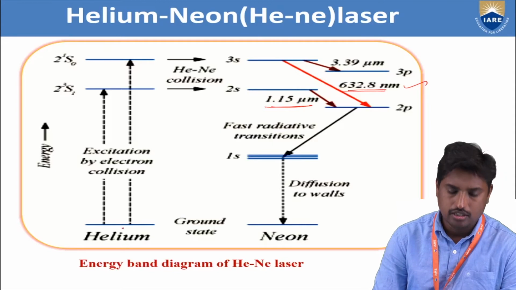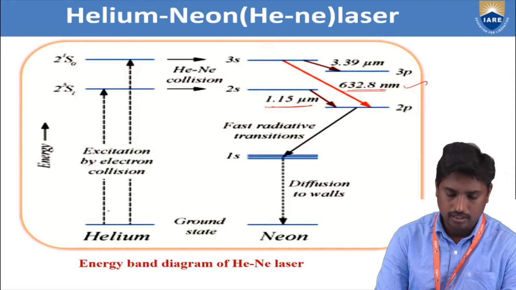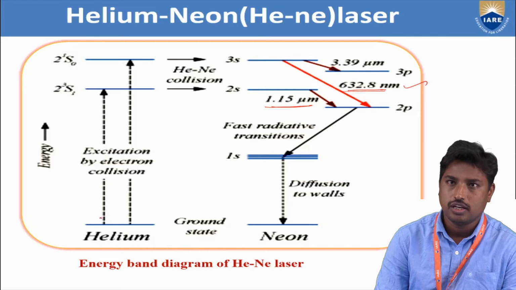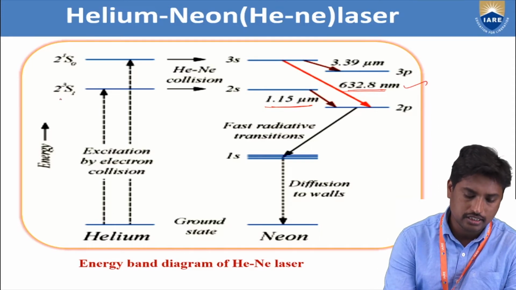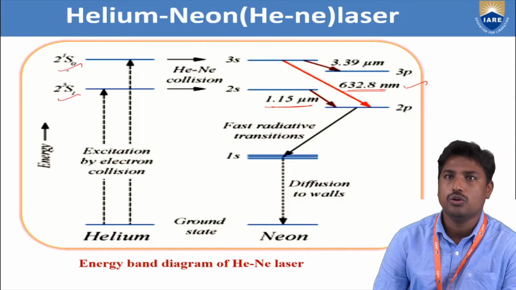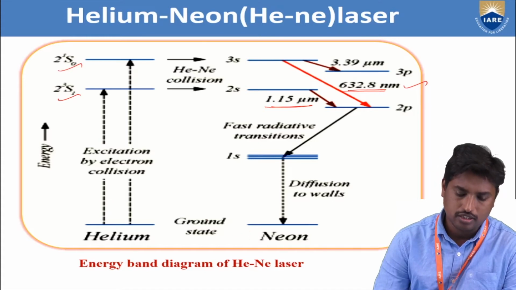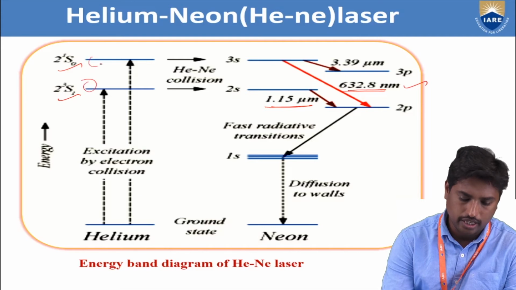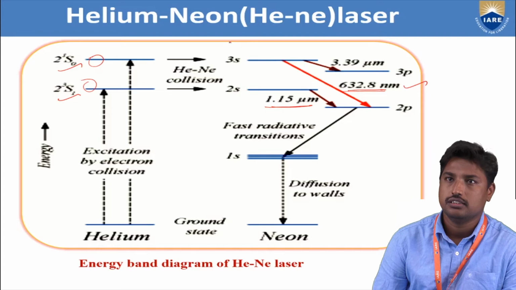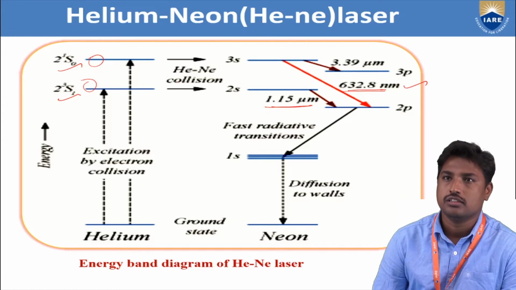This is the energy level diagram. From the discharge tube, by collision with electrons, helium atoms are excited to the energy states 2 3S1 and 2 1S0. After that, these helium particles excite the neon particles from the ground state to 2s and 3s, through helium-neon collision.